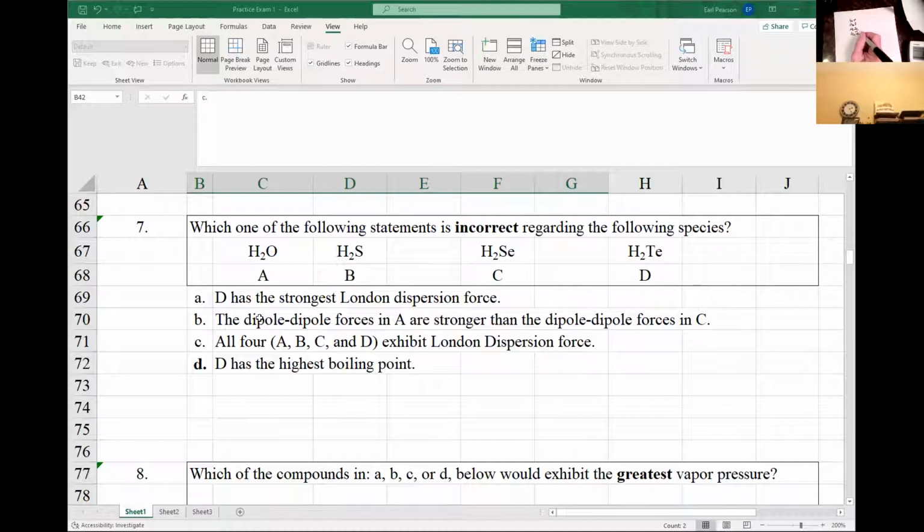Now, if we're just talking about London force, the highest London dispersion force, this was A and B, C, and D. If we're looking at the London force, all of them have London dispersion.